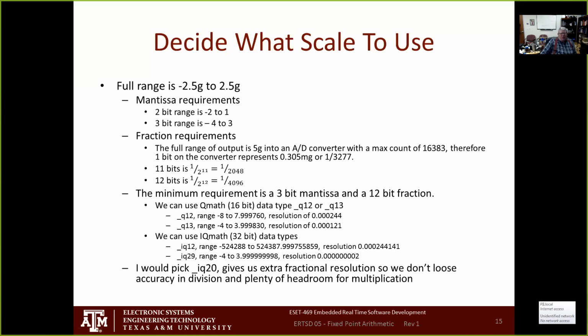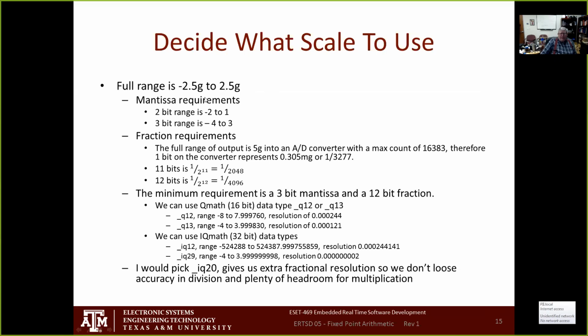Okay, so if I did a 2-bit range for my mantissa, that'd give me a value that would work from minus 2 to plus 1. Well, that's not going to cover that whole range, right? If I do 3 bits, then I cover minus 4 to 3. So minus 4 to 3, that works.